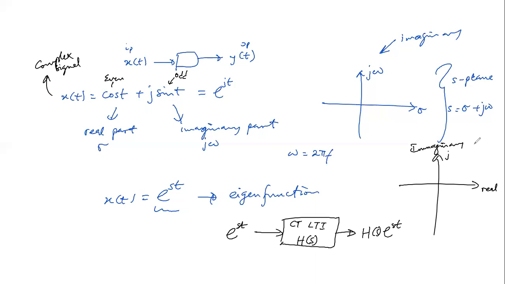In observing this, this complex quantity, which describes the signal s of t, being a complex quantity consisting of an even and an odd component, can also be written in a compact form, which is the Euler form.